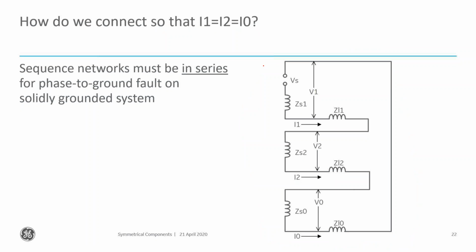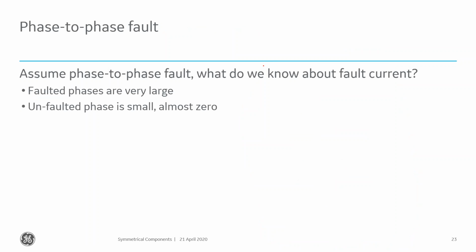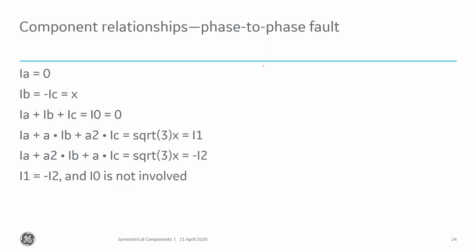Now, what happens if we have a phase-to-phase fault? What do we know about the fault current there? Well, we know that the faulted phases are very large and the unfaulted phase is small, almost zero. So let's say IA is the unfaulted phase, so its current is zero.